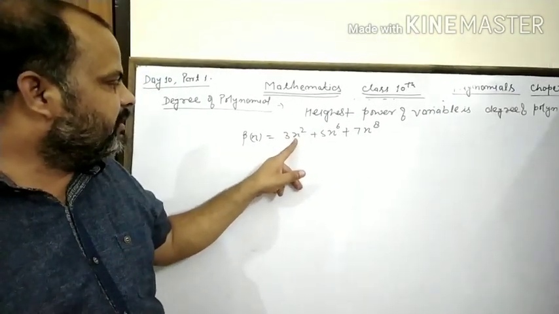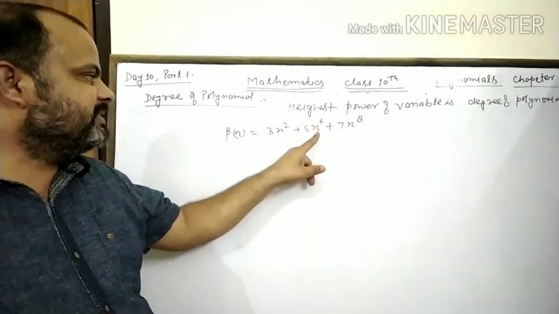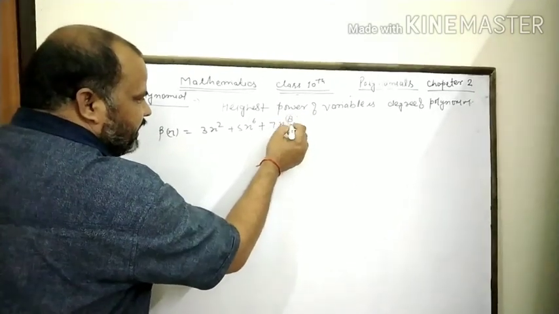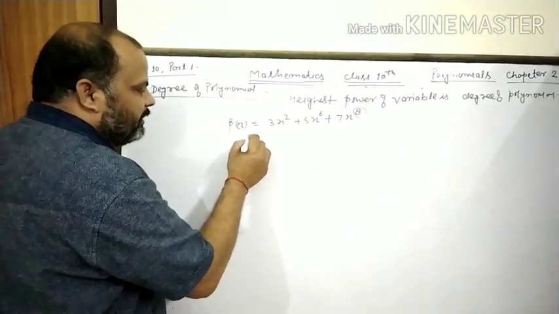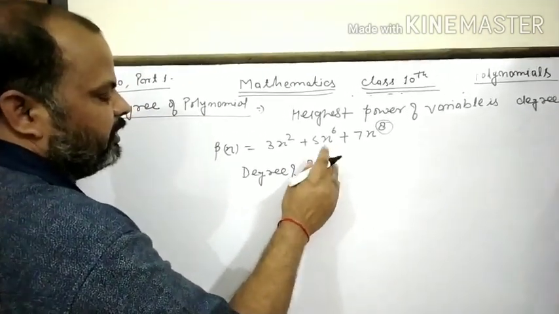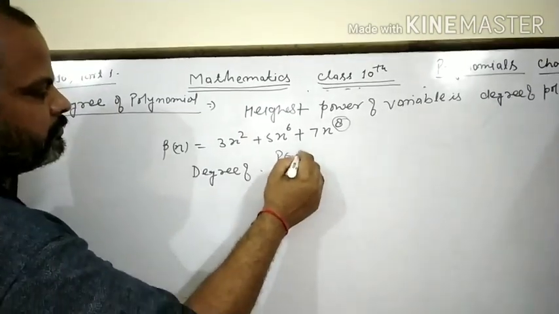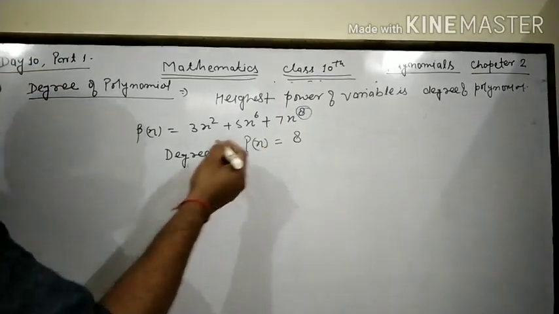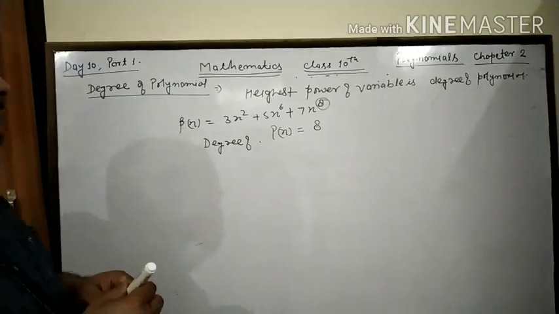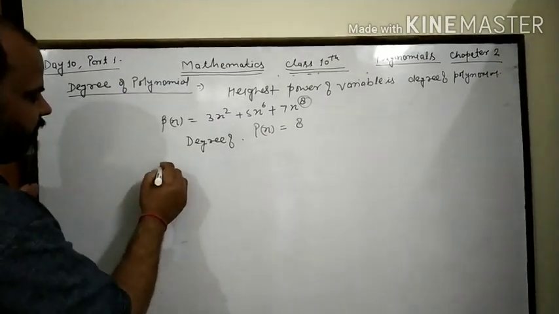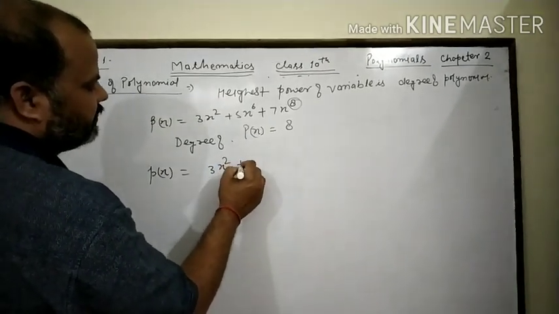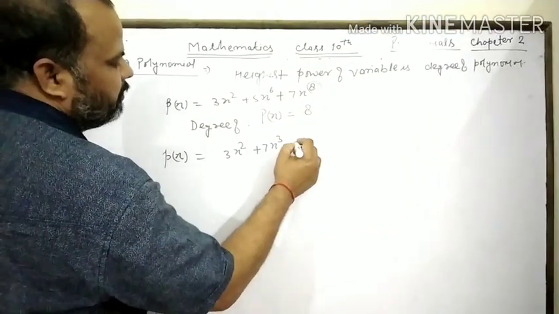You see here the power of x is 2, 6, 8. Then the highest power is 8. Then the degree of this polynomial is 8, or simply it is called an 8 degree polynomial.